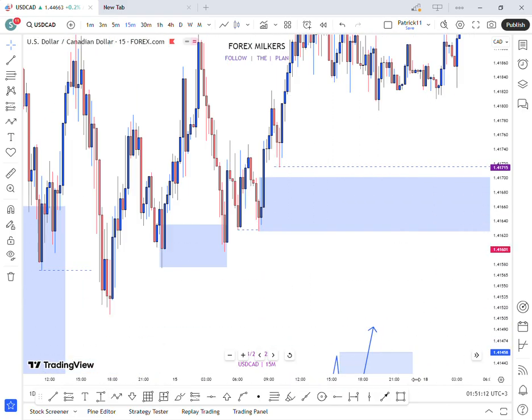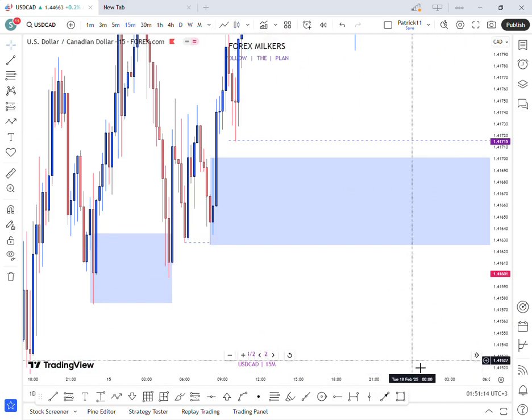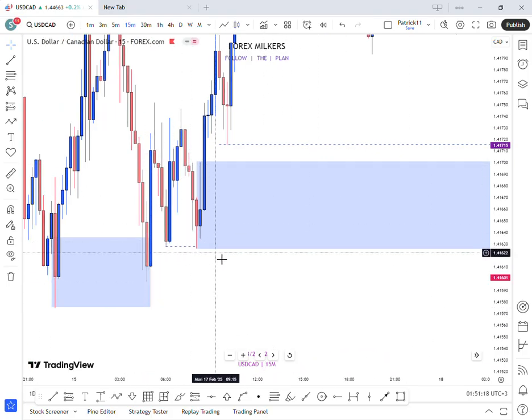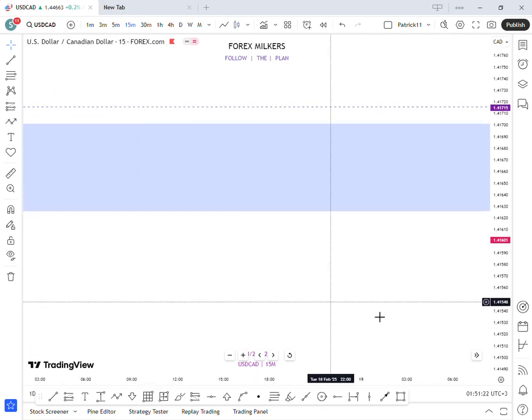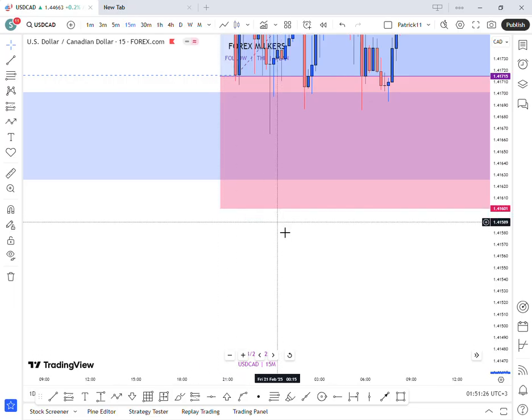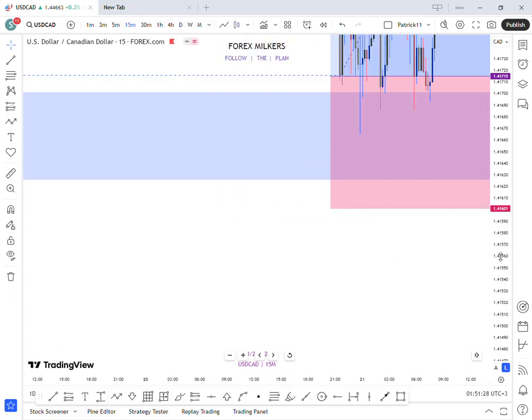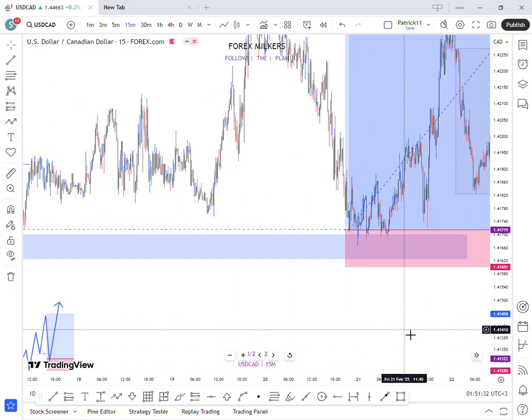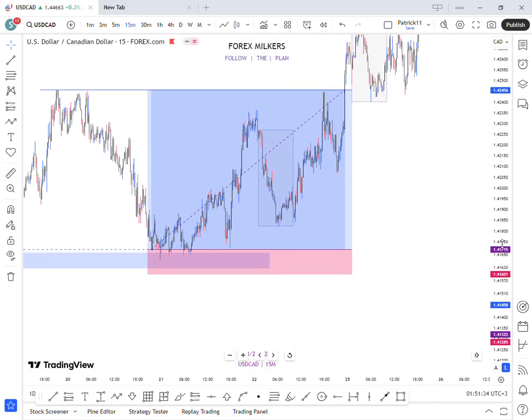This was a strong low. Take a look. Took out liquidity from the previous low and broke structure. So you place your stop loss below the strong low, and you can be able to hold until it flies up. I hope you can see.